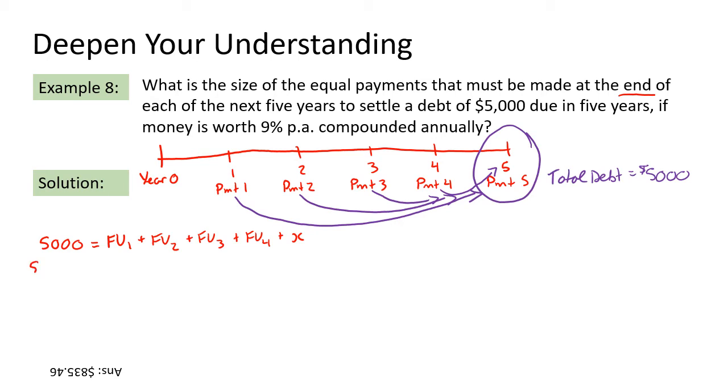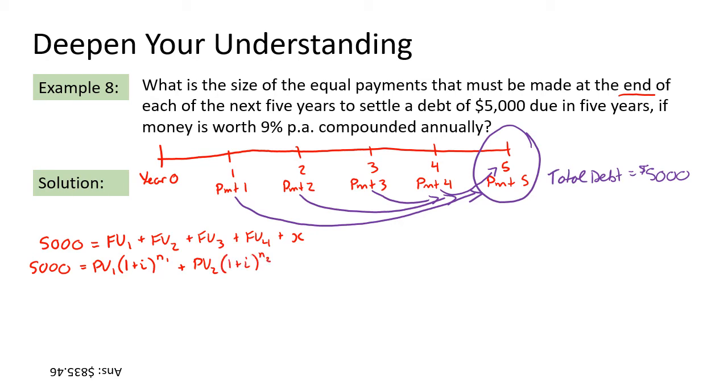So if we expand this formula, we get $5,000 is equal to each of our future value formulas, which is the present value of item 1, or payment 1, times 1 plus the periodic interest rate to the exponent n. I'm going to call them n1, n2, n3, and n4 just to represent the year that you're in, plus present value for payment 2 times 1 plus I to the n.